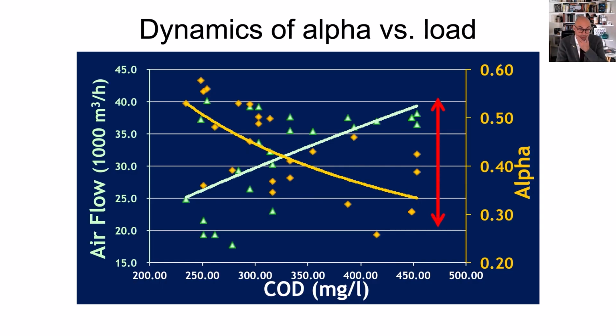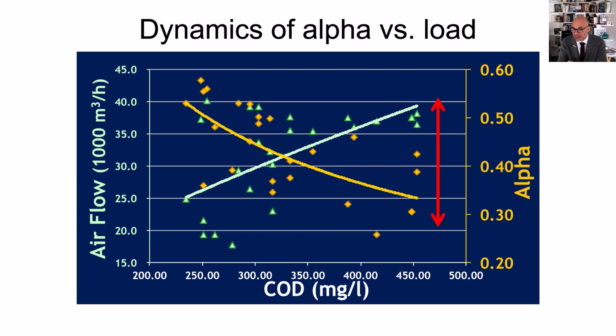This is a 24-hour monitoring of a plant. Just to give you an example, the green points represent the airflow. You see that the airflow goes up as the COD on the horizontal goes up. And as the COD on the horizontal goes up, the alpha goes down. Now, this is a test done in one plant. After having repeated this in multiple plants, we have very high confidence the alpha can change as much as twofold over 24 hours.